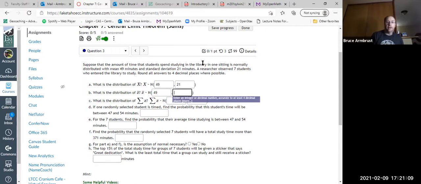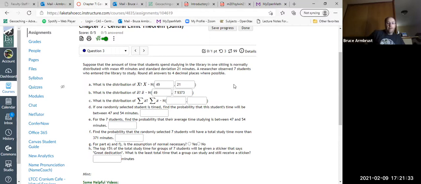So if we look back up here, it says a researcher observed 7 students. So we're going to take 21 and divide it by the square root of 7. All right, so what I get is 7.9373 if we round to 4 decimal places.